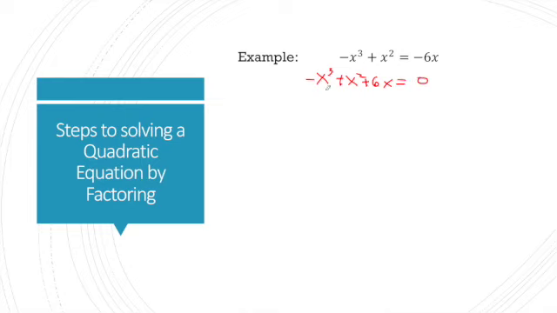The greatest common factor of negative x cubed, x squared, and 6x is going to be an x. But do we like a negative leading coefficient? No. So we're going to pull out a negative x. That leaves me with x squared plus x plus 6.